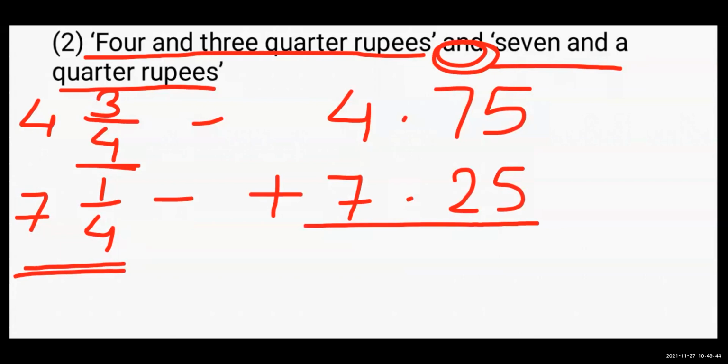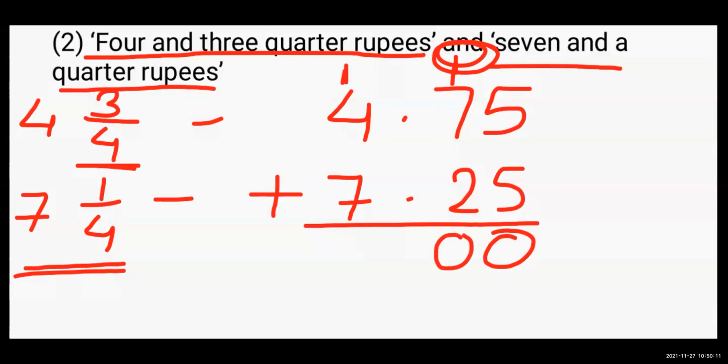Now 5 plus 5. Come on, fast. 5 plus 5. Yes, very good. 5 plus 5 will become 10. So 1 carry, 0 down. Now 7 plus 2, 9. 9 plus 1 will become 10. So 1 carry over here and 0 down.